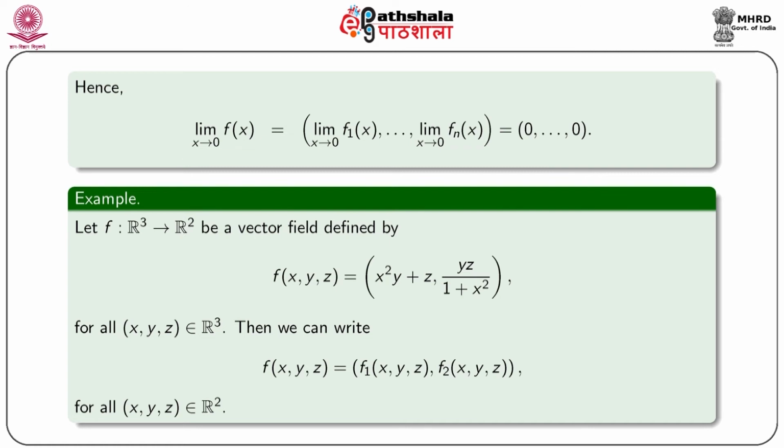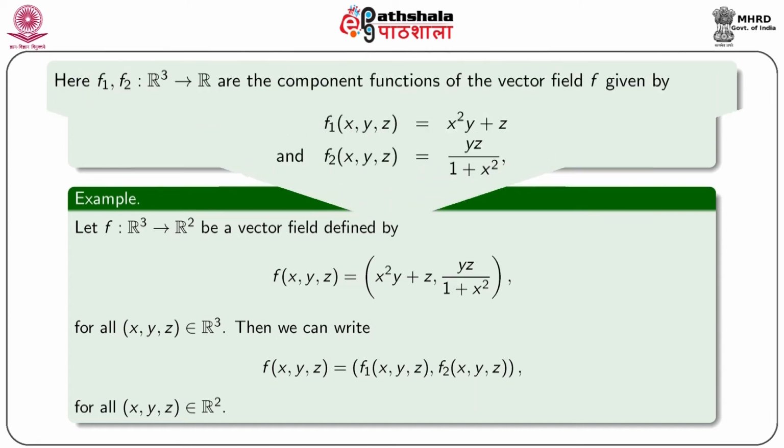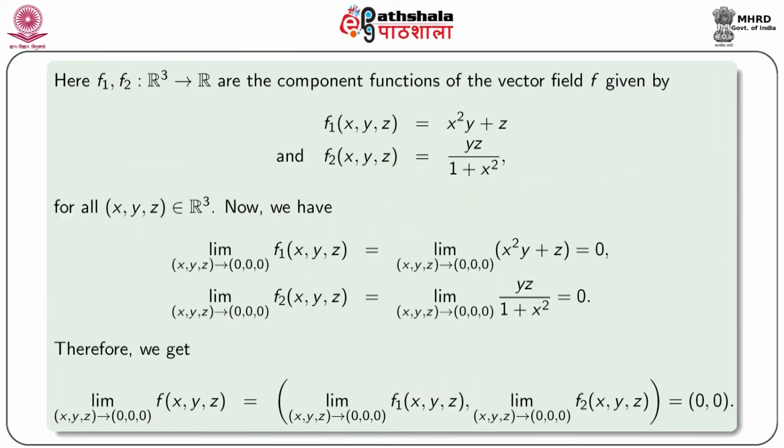Second example: let f from R^3 to R^2 be defined by f(x,y,z) equal to (x squared y plus z, yz by 1 plus x squared) for every (x,y,z) in R^3. Then we can write f(x,y,z) equal to the ordered pair (f1(x,y,z), f2(x,y,z)). Here f1 and f2 both are scalar fields defined on R^3.